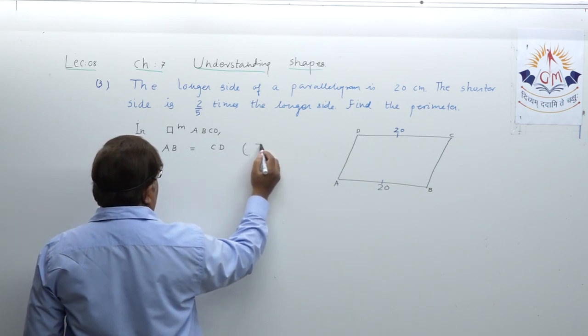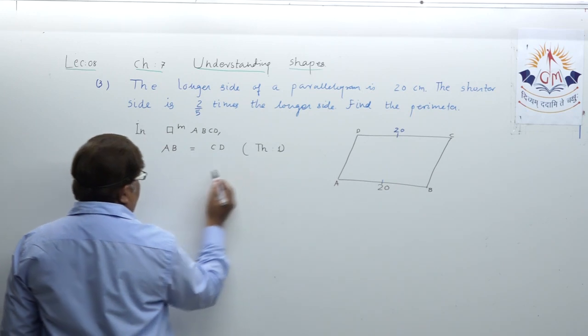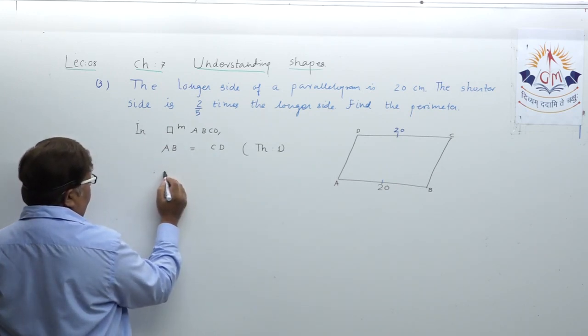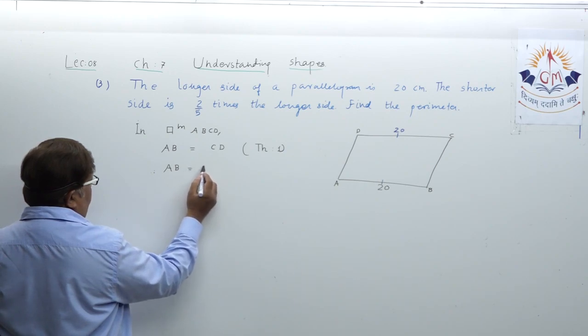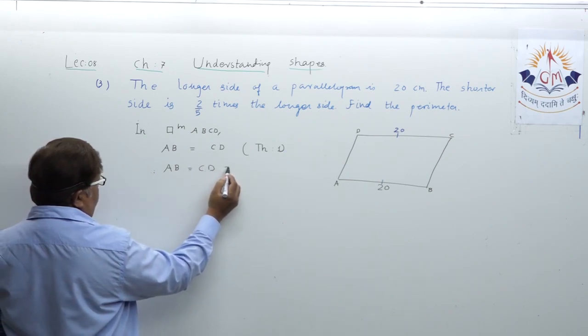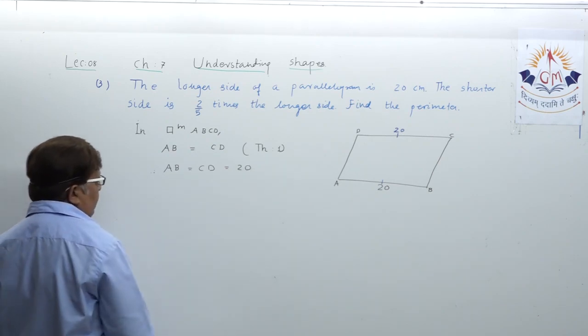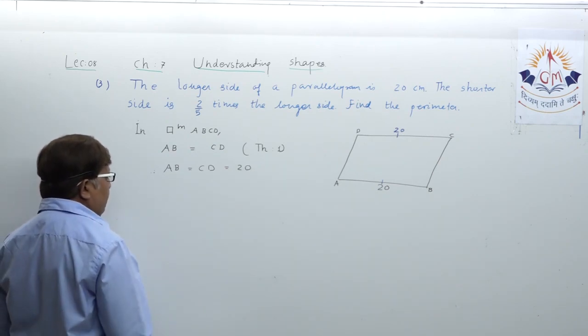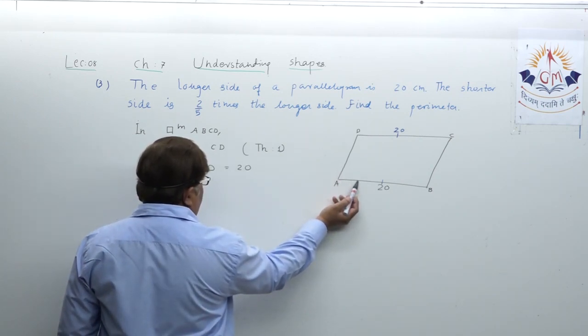Do you want to write the reference? Write theorem 1. Therefore, AB equal to CD equal to 20. Okay. Now, let us target AD and AB.